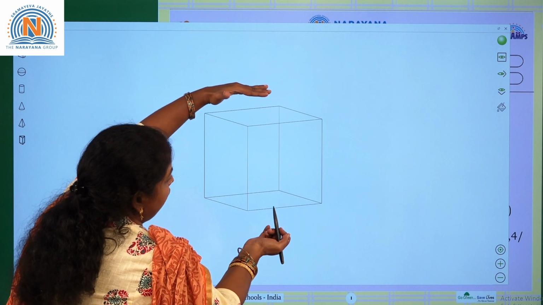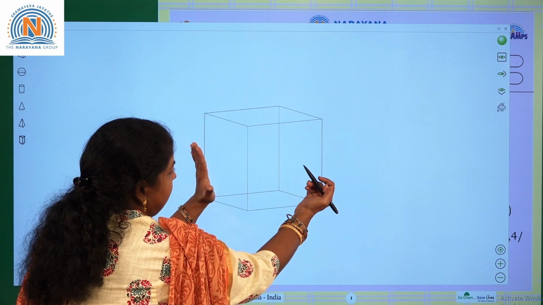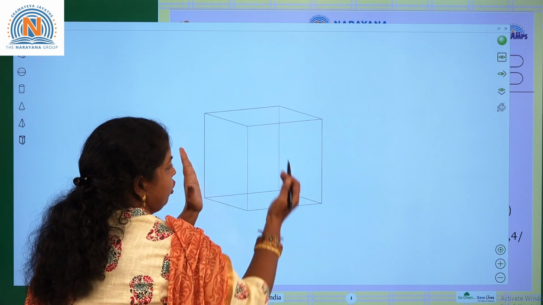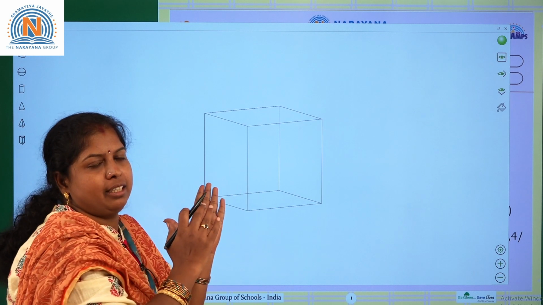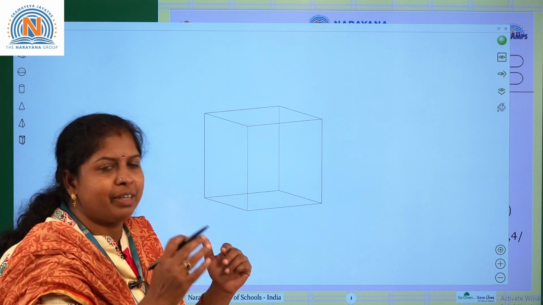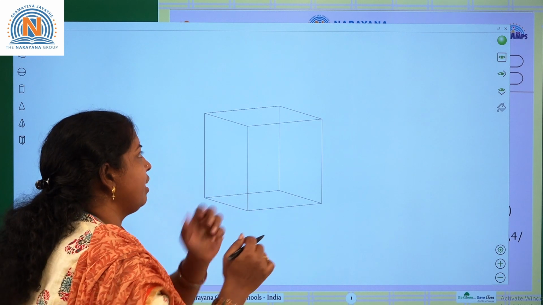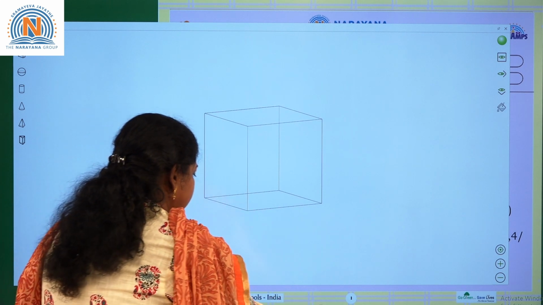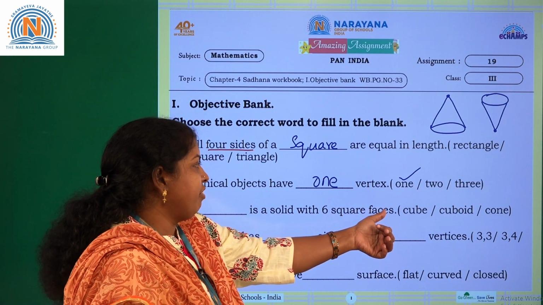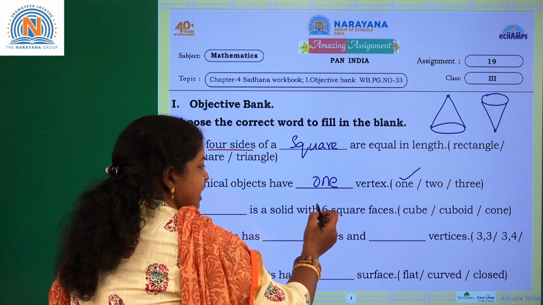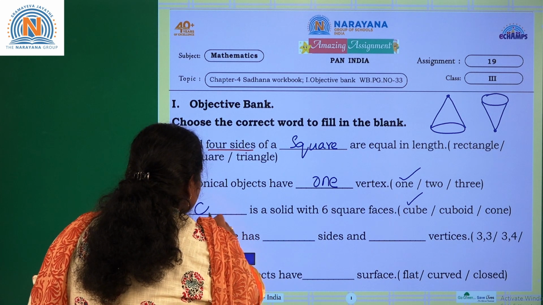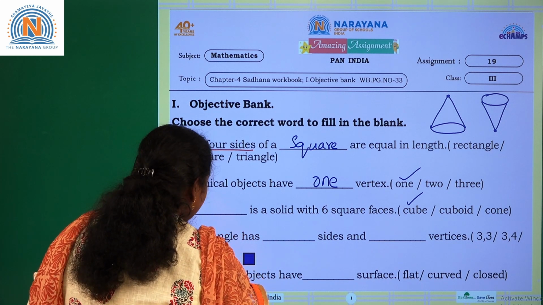One top face, bottom face, right side and this side, two faces, 2 plus 2, 4, and front and back, two more faces, 2 plus 2 plus 2. 6 faces are there for a cube. There are 6 square faces. So let us write cube.